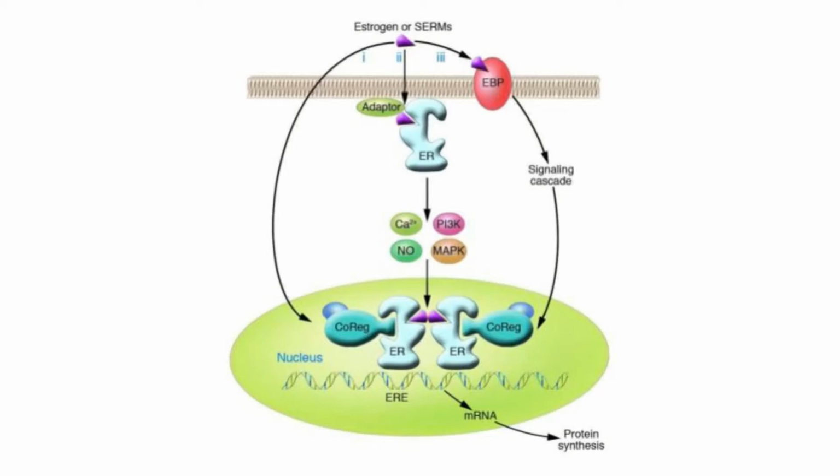So in this one, estrogens will diffuse into the cell and bind to the estrogen receptor that is found in the nucleus. And you can see in this diagram that the little purple estrogen at the top goes down towards the left arrow. This is mechanism 1, and will bind to the estrogen receptor.